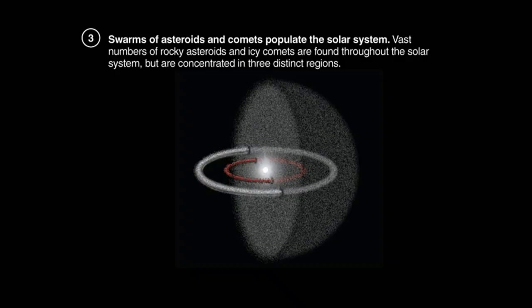Then beyond the planets of the solar system, there's the Kuiper belt, which is the belt that's further out from the sun, so it's farther than Neptune's orbit. And then this cloud of stuff even farther out than that is called the Oort cloud. In the Kuiper belt and the Oort cloud, that's where you'll find comets, so those are icy things. The asteroid belt is mainly rocky things.